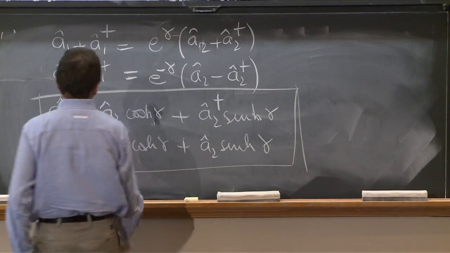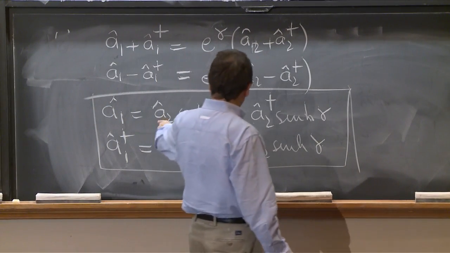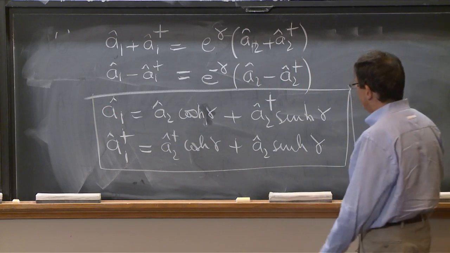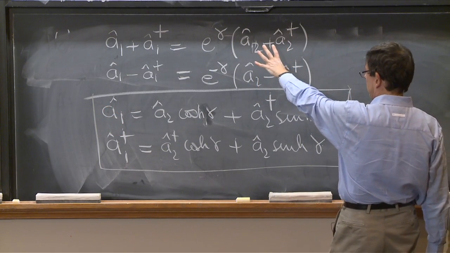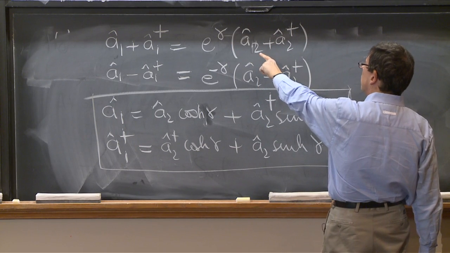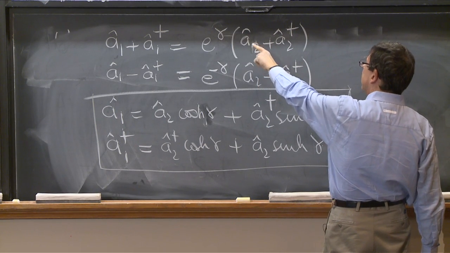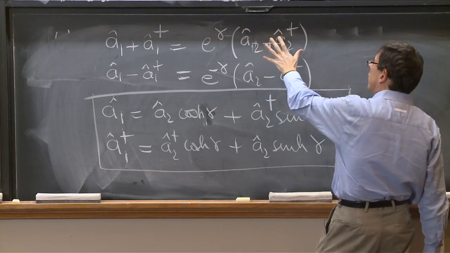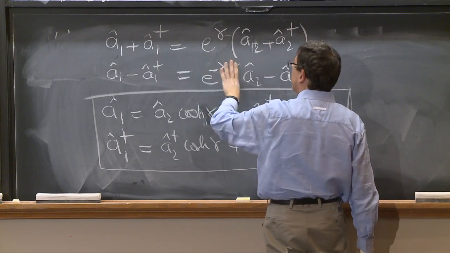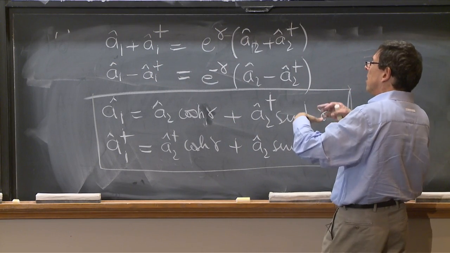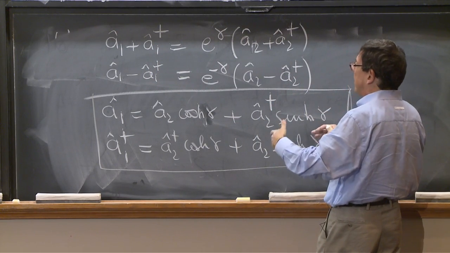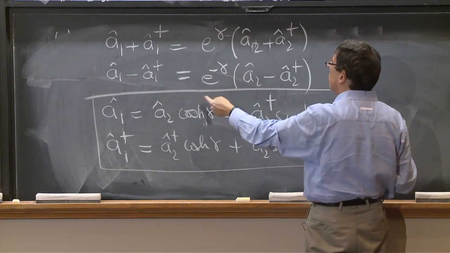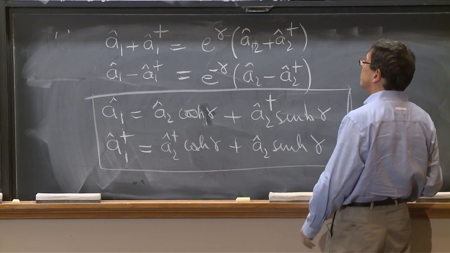Similarly, you can find what a2 is in terms of a1s by the symmetry of these equations. This corresponds to letting gamma go to minus gamma, because if you pass these gammas to the other side, the equations are of the same form by letting 1 become 2, 2 become 1, and gamma go to minus gamma.